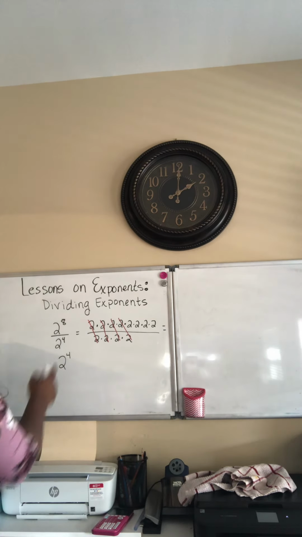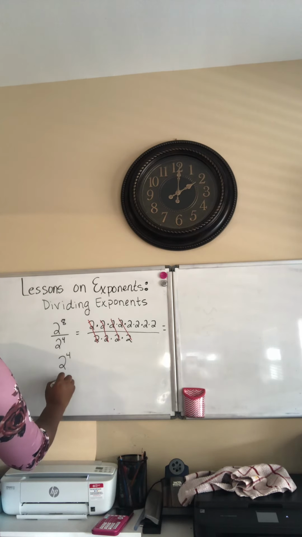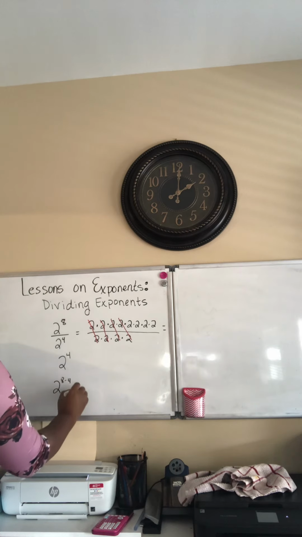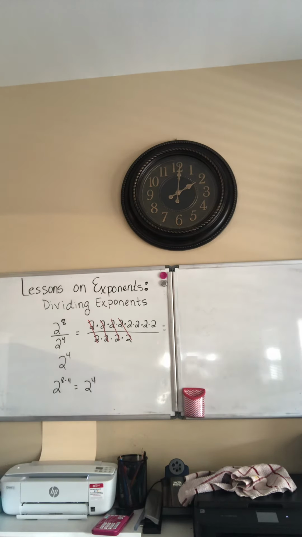Now, what do we do here? Is this the same thing as saying 2 to the 8 minus 4, 2 to the 4th power? Yes, it is. So, when we divide exponents, we're going to subtract the powers.